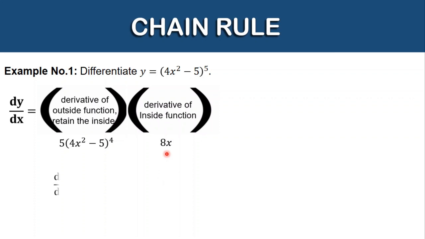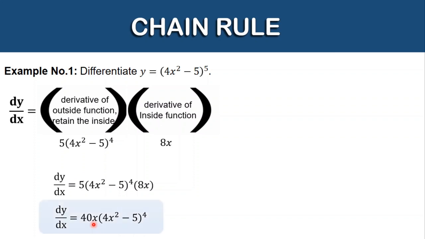Then multiply lang natin sila. We have dy over dx is equal to this. So 5 times the quantity 4x squared minus 5 to the 4th times 8x. And still our answer is 40x times the quantity 4x squared minus 5 to the 4th power. So same answer lang dun sa method na ginawa natin kanina.